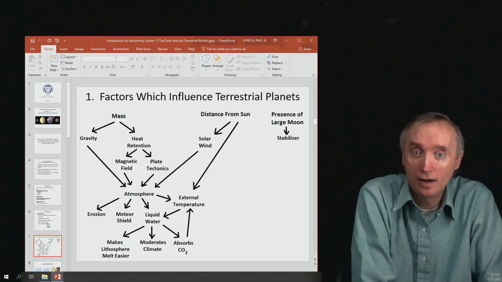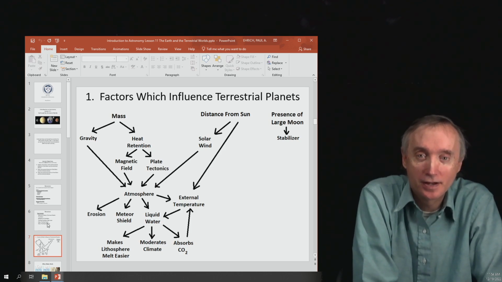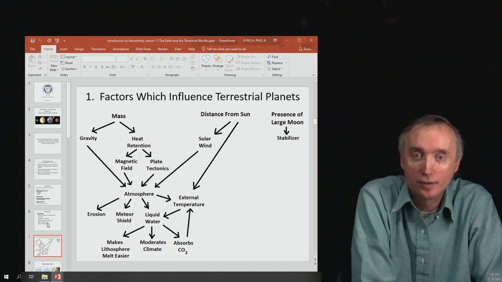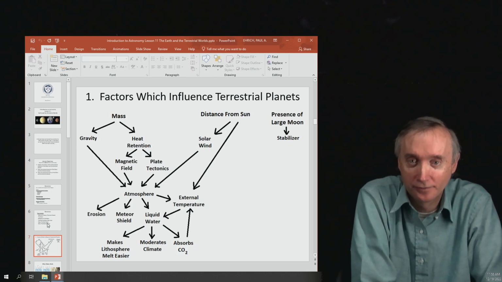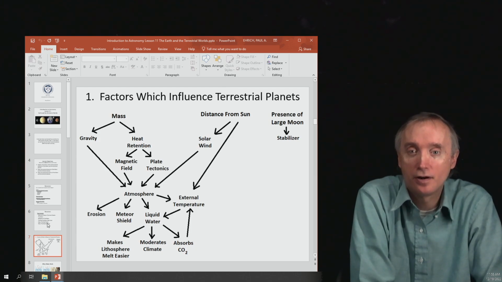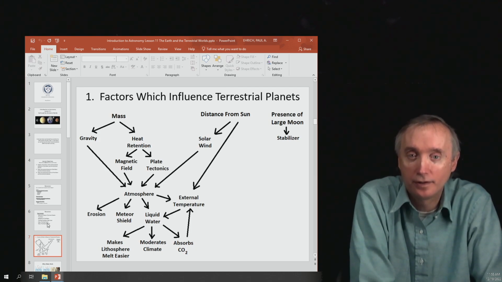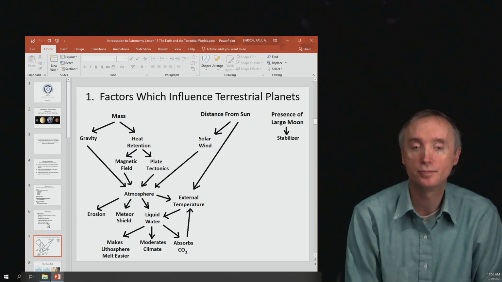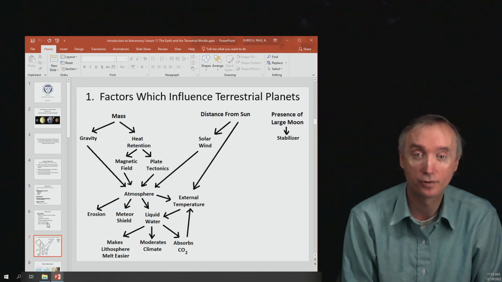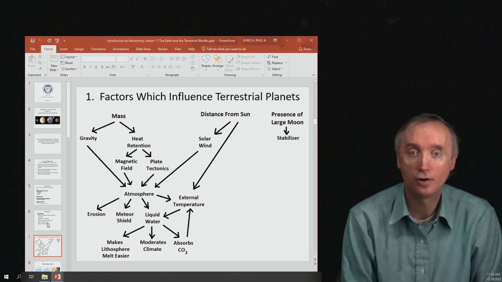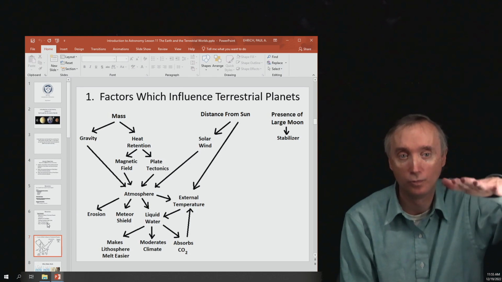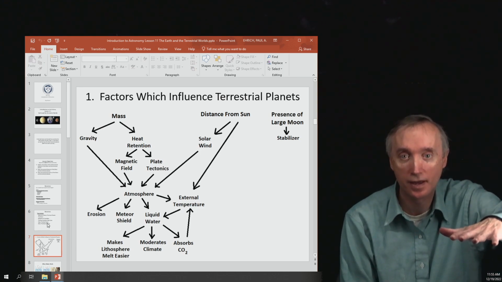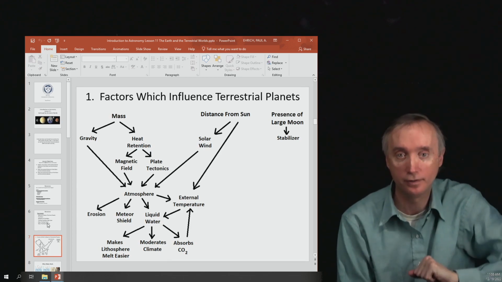And the plate tectonics is important because that's what's going to produce the volcanoes that produces the atmosphere. And then the atmosphere is important because it causes erosion. It protects the planet against meteors, and then it also helps to hold water down so that that water doesn't evaporate.